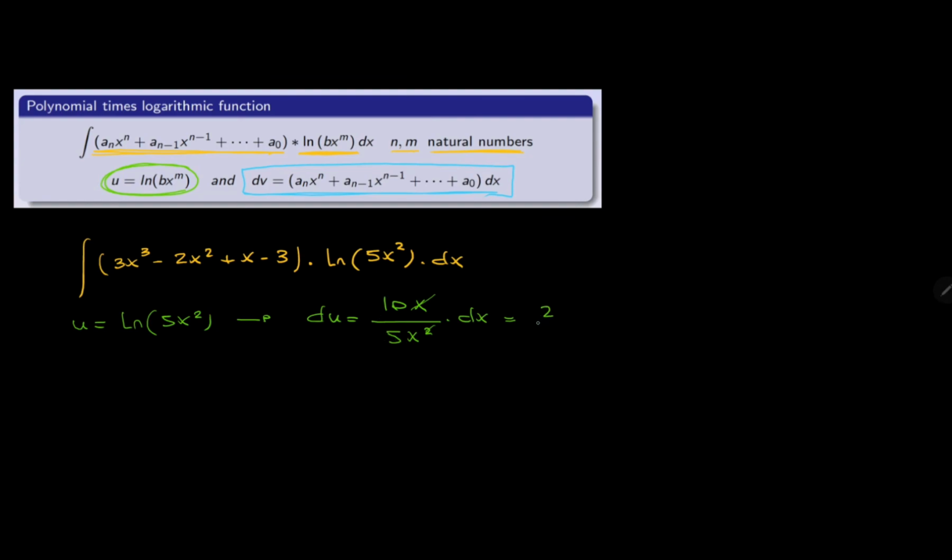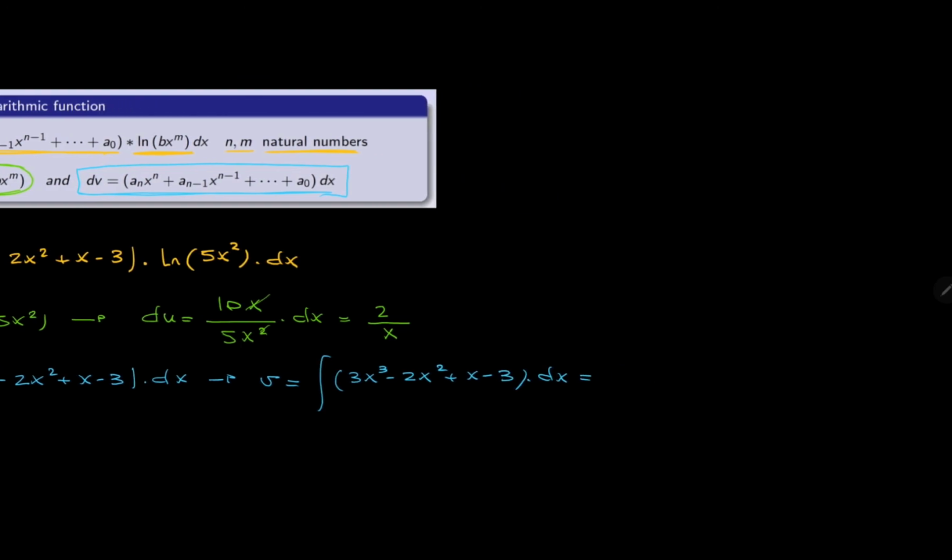So it's 2 divided by x, final result there. And now the dv is going to be 3x cubed minus 2x squared plus x minus 3 dx. And we're going to integrate. v is the integral of 3x cubed minus 2x squared plus x minus 3 dx.